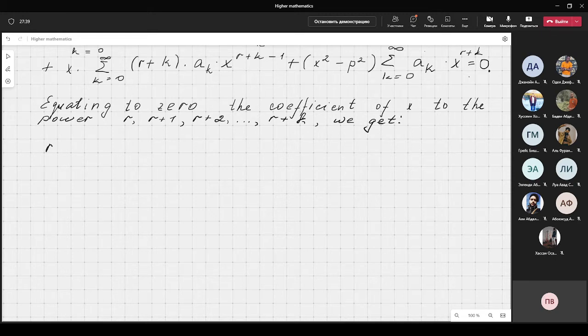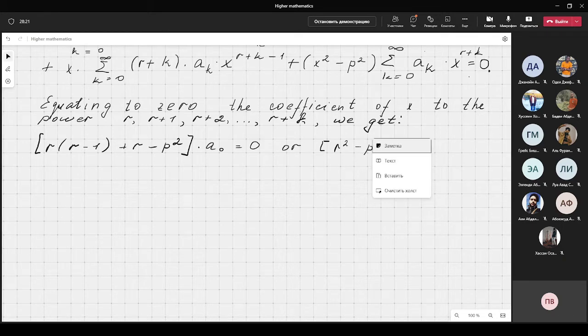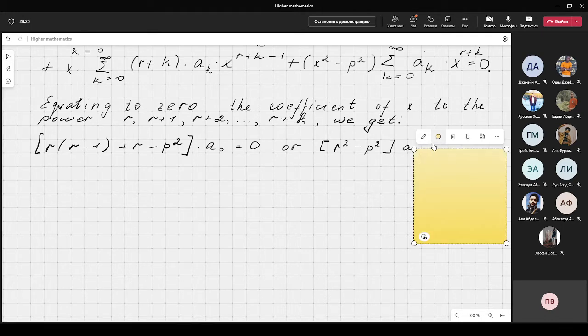r times (r minus 1) plus r minus p squared, take it into bracket, multiply by a0 equals 0, or (r squared minus p squared) times a0 equals 0.